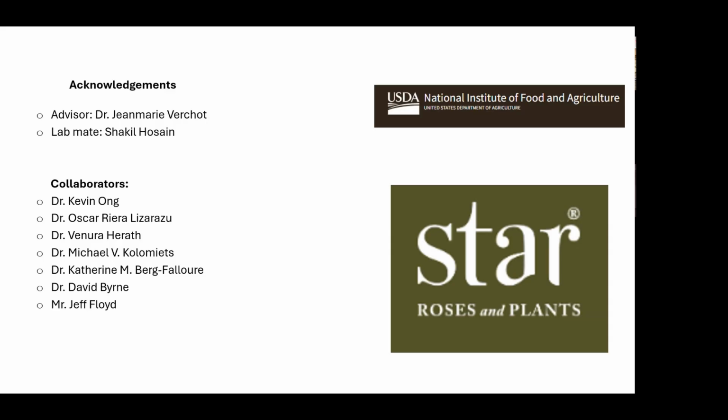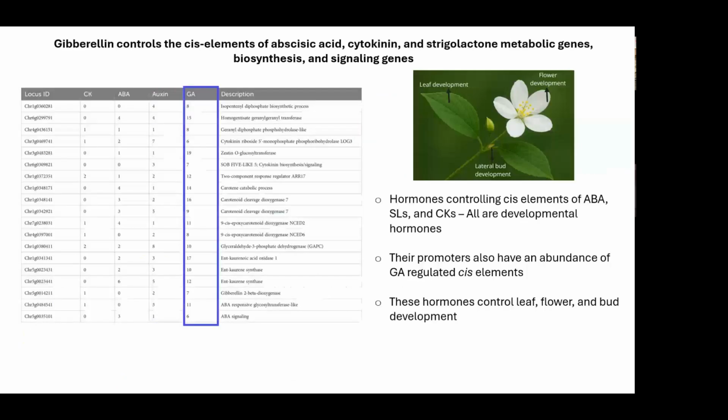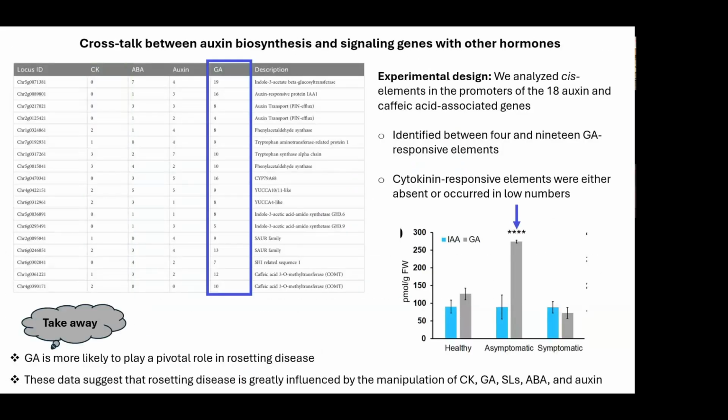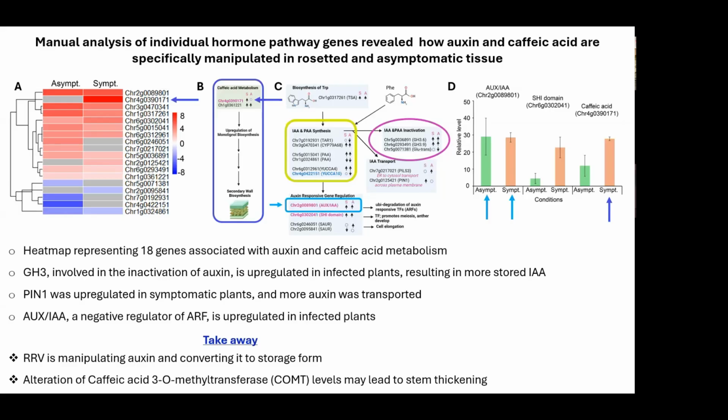In the host, we have found genes which are, as you can see here, caffeic acid more upregulated in symptomatic, at higher levels compared to asymptomatic. And when you look at the heat map here, the expression level of the same gene, the committed gene involved in production of caffeic acid, is higher in symptomatic compared to asymptomatic.